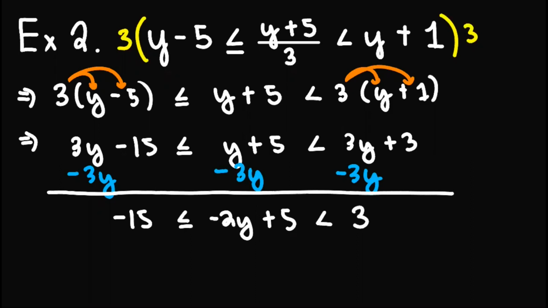And now from here, we're actually kind of close to our desired outcome, since if we look at it, we have eliminated the variables on the left and right side. And in the middle, we still have our variable. So we just need to manipulate this further. So next thing that we'll do is we'll subtract 5 from all sides to eliminate this 5 out here.